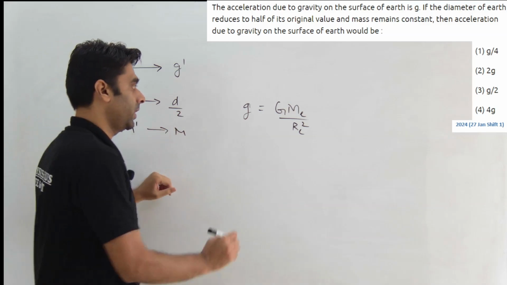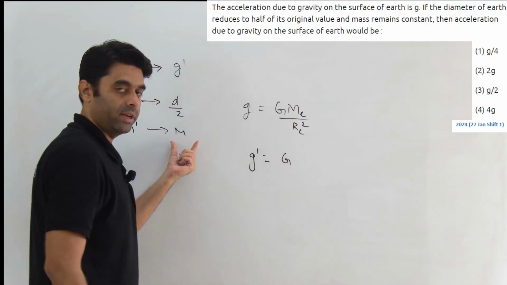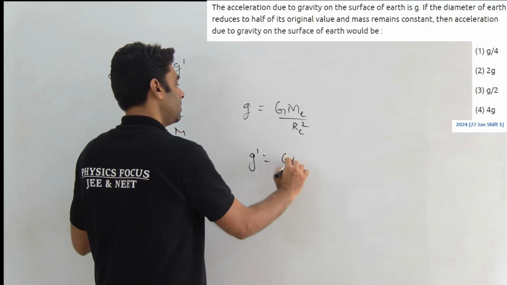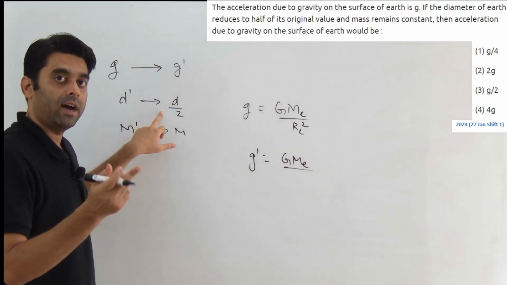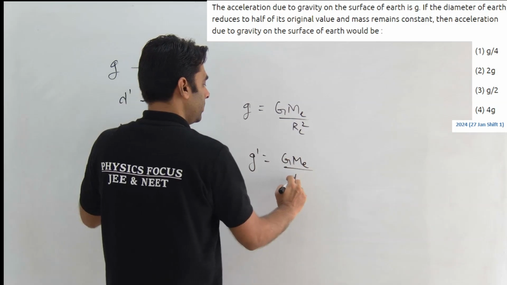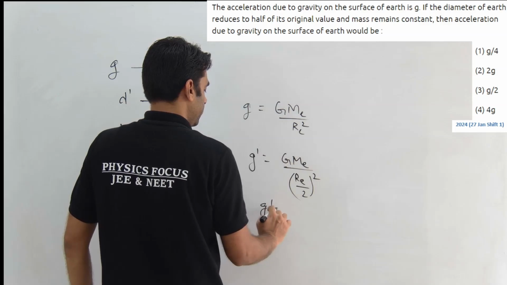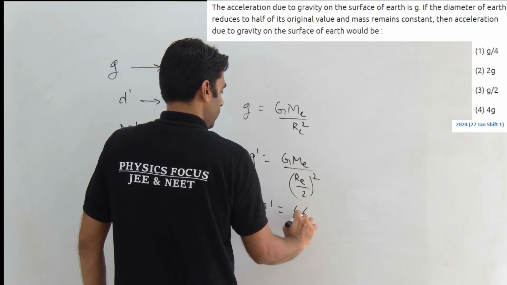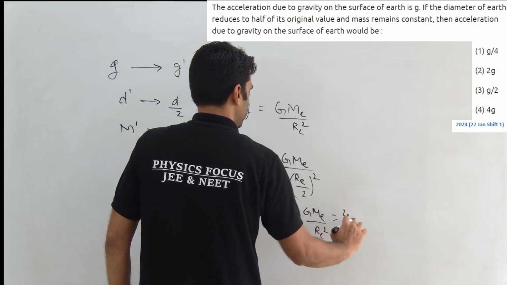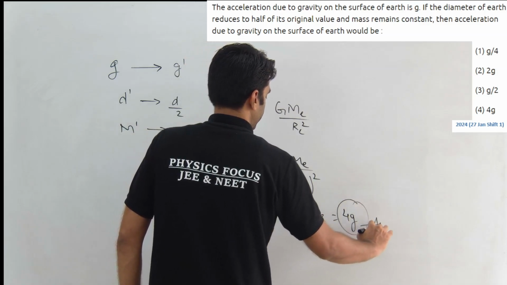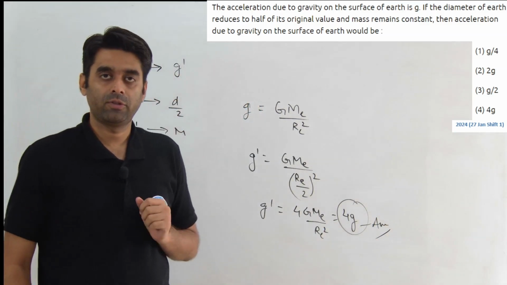So g dash will be capital G, mass is constant, so this will be G M by radius. If diameter is made half, radius will also become half, so this one will be R e by 2 whole square. If we simplify this, we get g dash is equals to 4 times capital G M by R e square, which is equals to 4 times g, right? So the new g value is 4 times g. Let's move ahead.